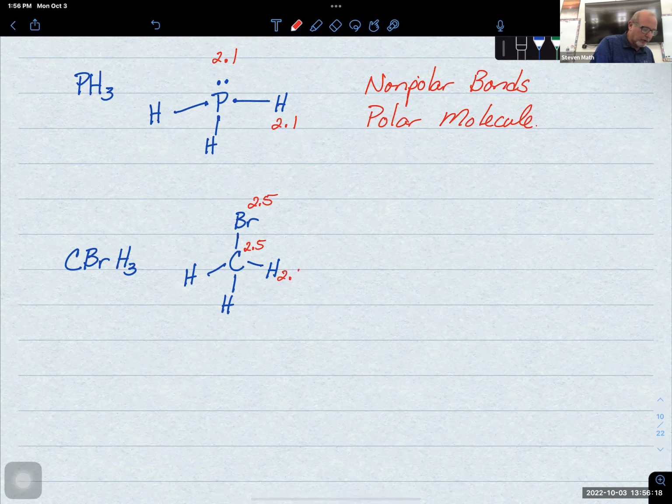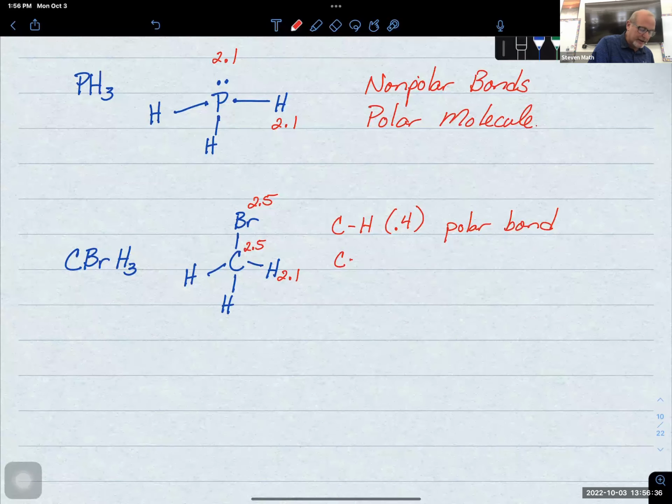Hydrogen is 2.1. So what we have is a carbon to hydrogen bond that's 0.4, just barely. That's a polar bond. And we have C to Br, whoops, excuse me, which has no electronegativity difference, which is a nonpolar bond.